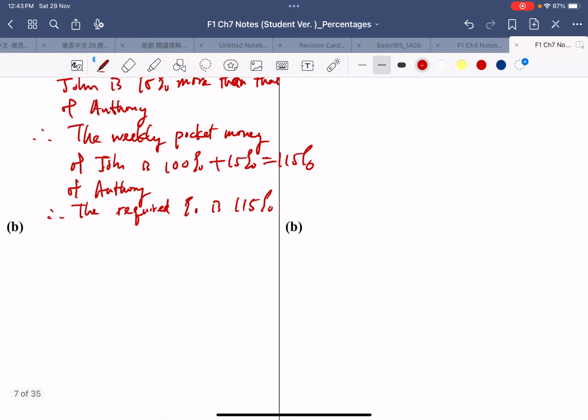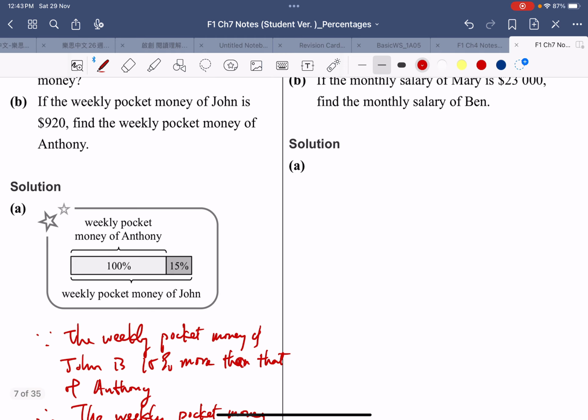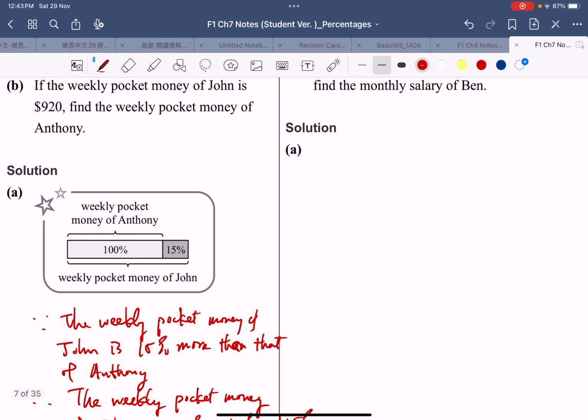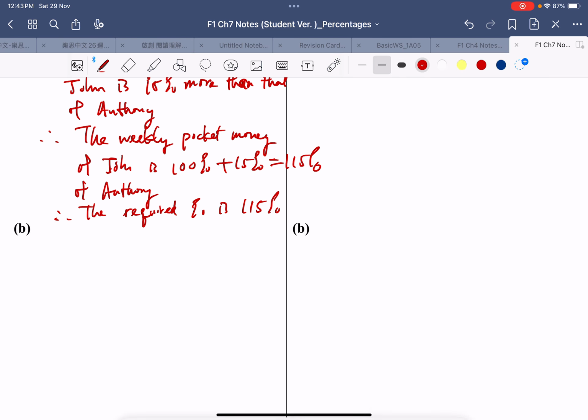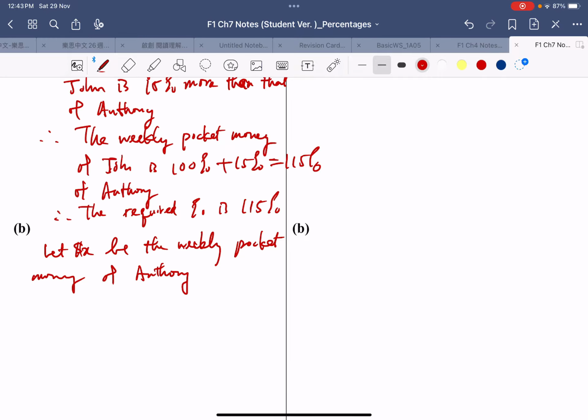And how to calculate part B? If the weekly pocket money of John is $920, find the weekly pocket money of Anthony. Okay, set up equations. Let X dollars be the weekly pocket money of Anthony, and then X multiplied by 115% equals 920.